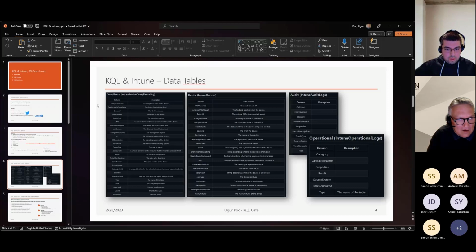And the most interesting for me, from the security perspective, is the operational and audit part. So you can also see who has deleted a device in Intune, who has renamed a device in Intune, who has changed or updated or patched a configuration profile. That's also visible in the logs.